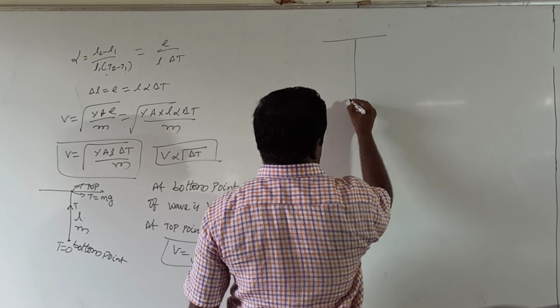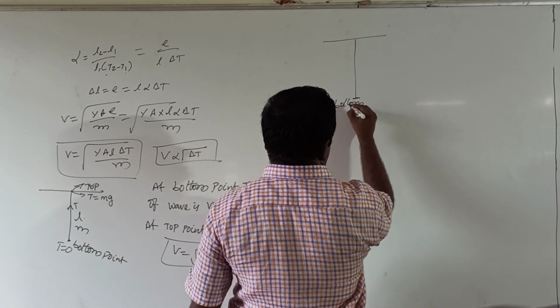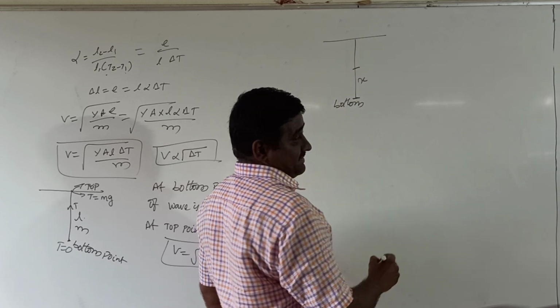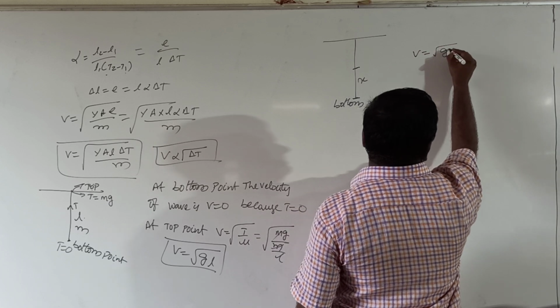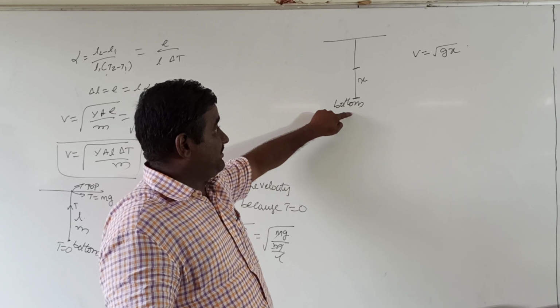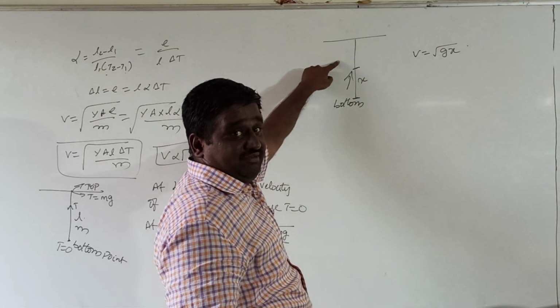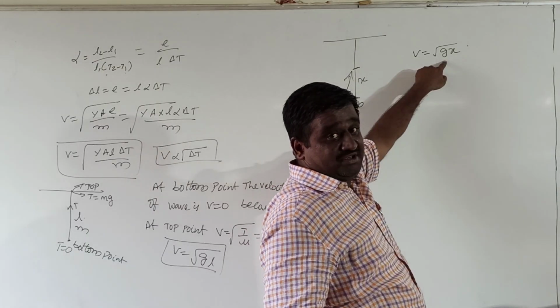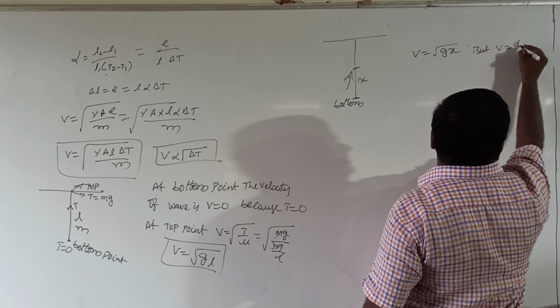In this string, from the bottom point at a distance x, the velocity of the transverse wave is V equal to root gx. But we know that V equal to dx by dt.